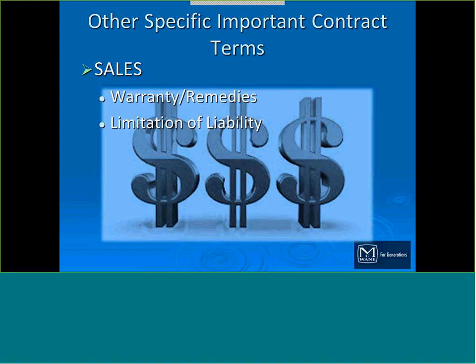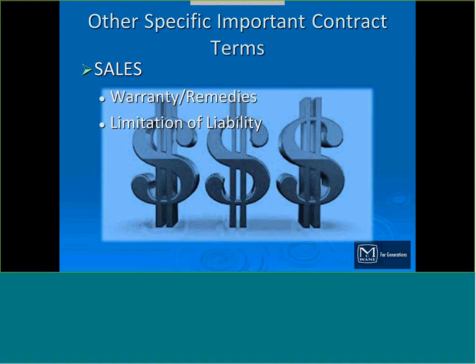If, for example, there's a defect in the product and they can't use it for a period of time, they lose profits, or they have downtime, or there are extenuating damages to other parties. Those are things that are hard for us to estimate and hard for us to contain in a risk containment scenario.